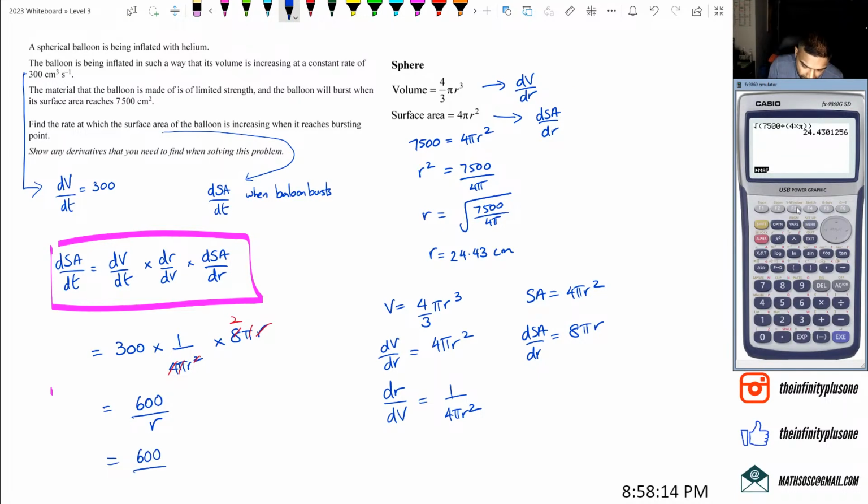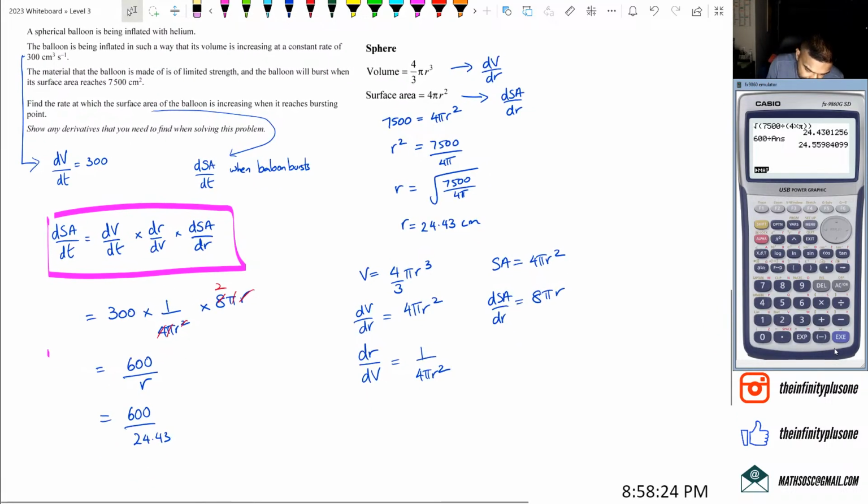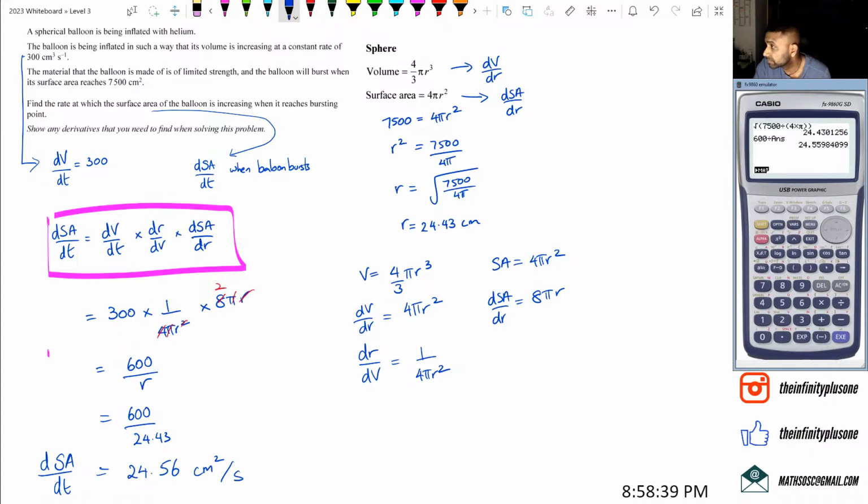So I can go 600 divided by 24.43, and that gives me dSA/dt as 24.56 centimeters squared per second. That is basically it. Questions?